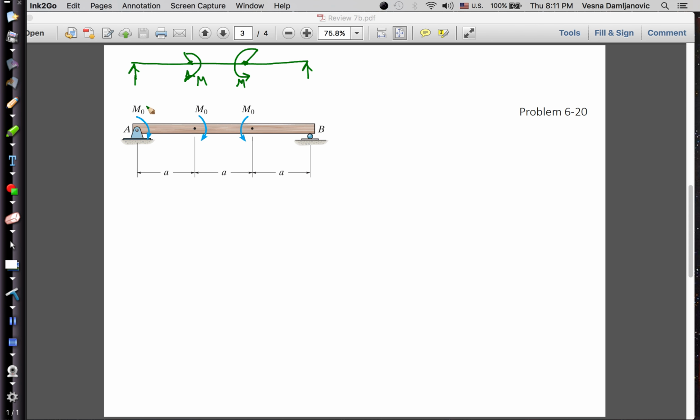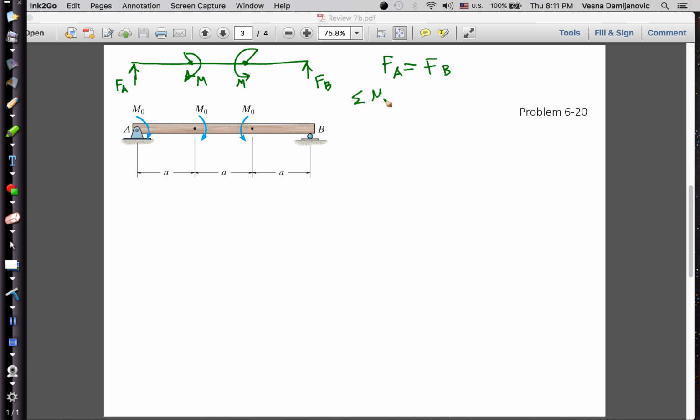This is point A, so I'll call this reaction FA, and this one FB. Because the moments are the same and right in the middle, we have a symmetric case, so FA will be equal to FB. We don't even care what they are; we know they will be equal.